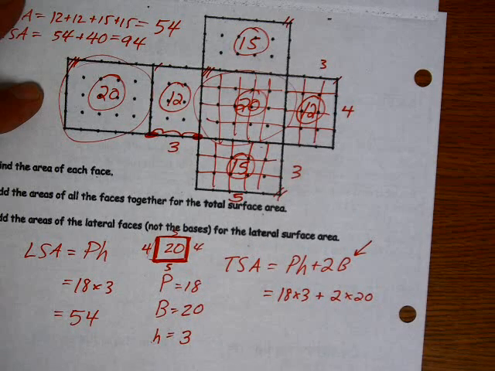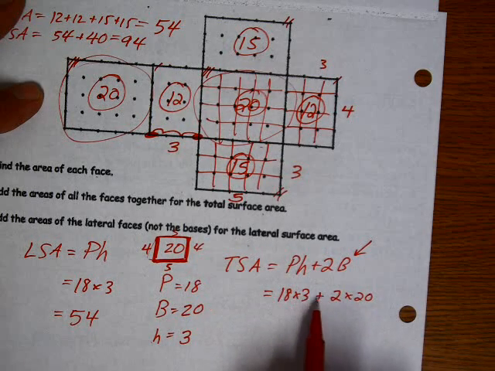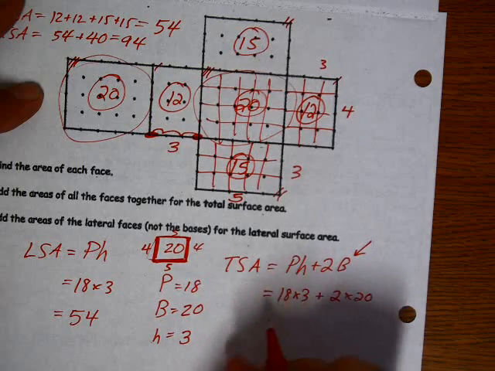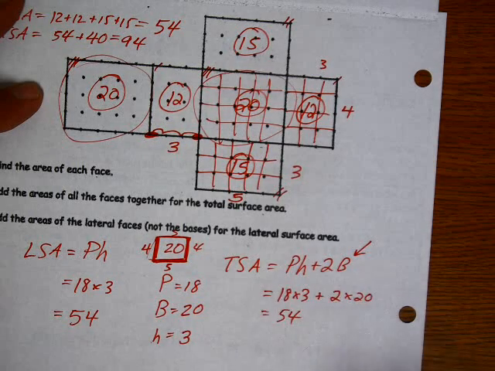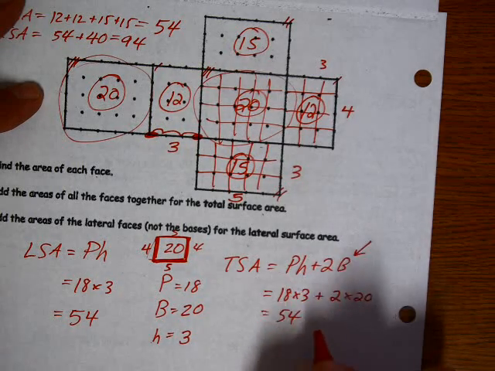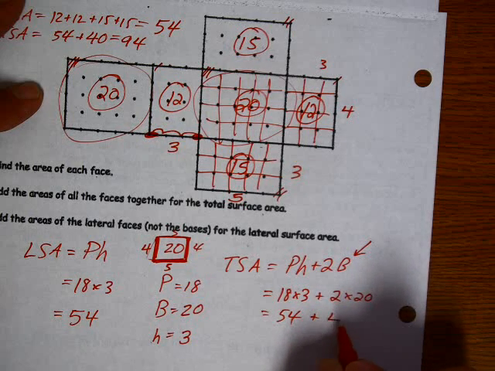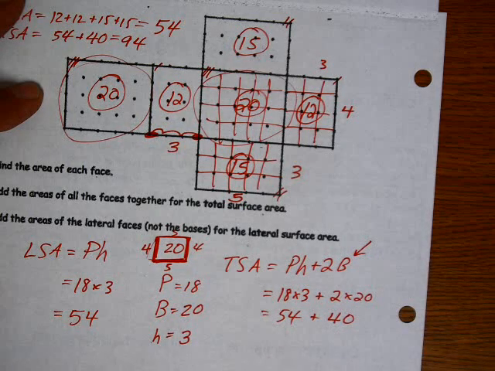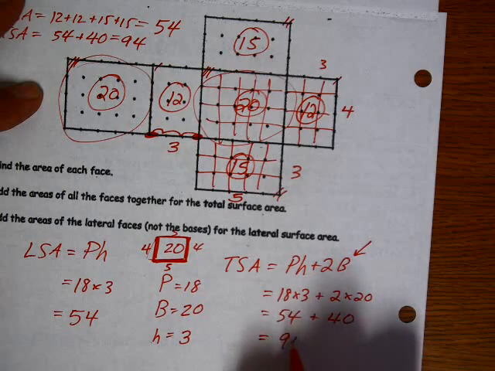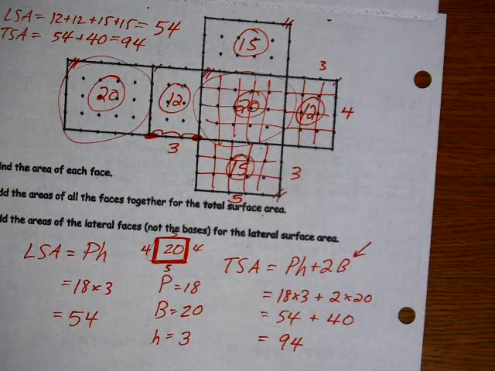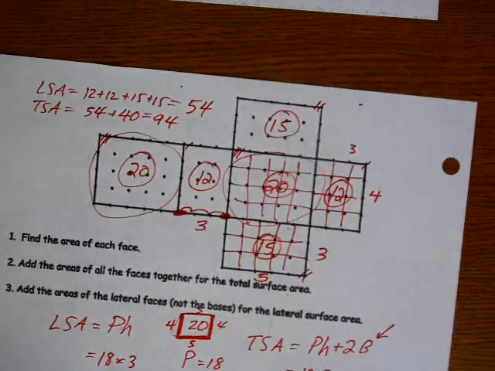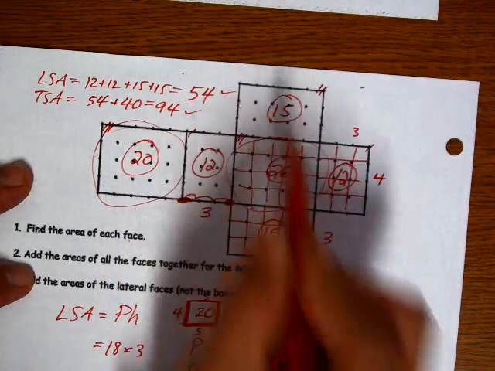One thing you want to be careful of is order of operations. This addition is going to be the last thing you do, because you're first going to multiply 18 times 3 and get 54. Added to that will be the area of those two bases multiplied together, so that's 40. And when you add those together, you see that we get an answer of 94, which is exactly what we got up at the top.